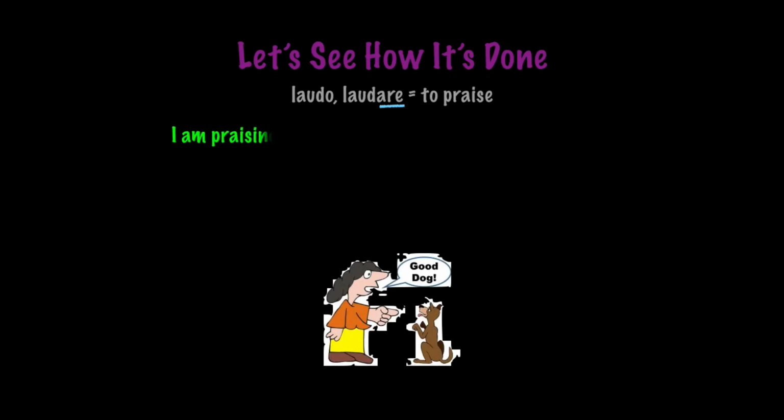Now let's write the phrase, I am praising. This is the first person singular of the present tense. Remember that when we write the first person singular of the present tense, we do not follow the three-step process. All we need to do is write the first principal part, laudo.